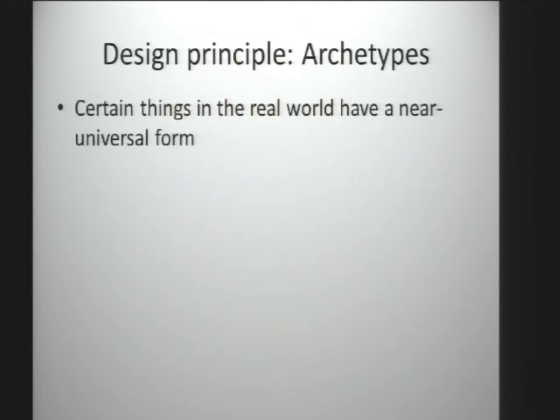Archetypes. Certain things in the real world have a form that people expect. And furthermore, when people get on the elevator, they're not looking that carefully. They're talking to someone or they're handling their baggage or something. They glance. Do you realize how big the area of your visual system is that has high resolution?